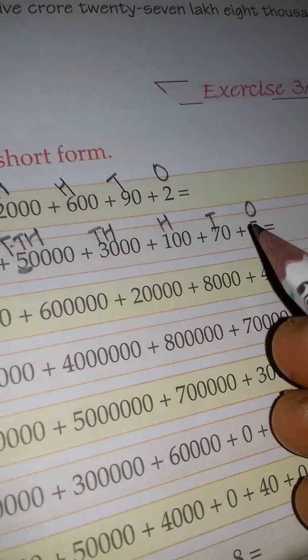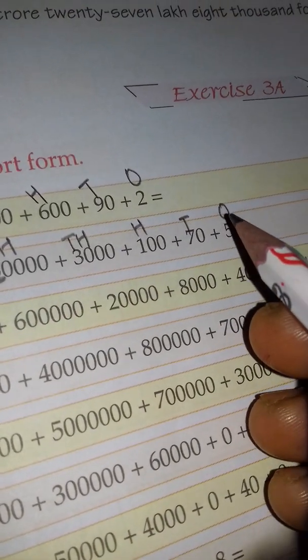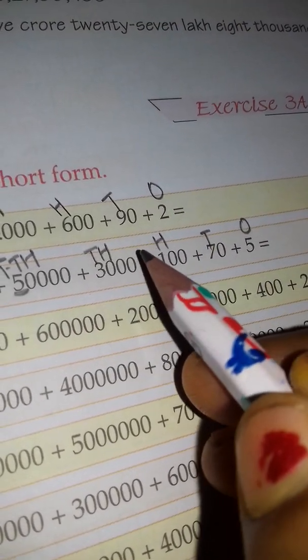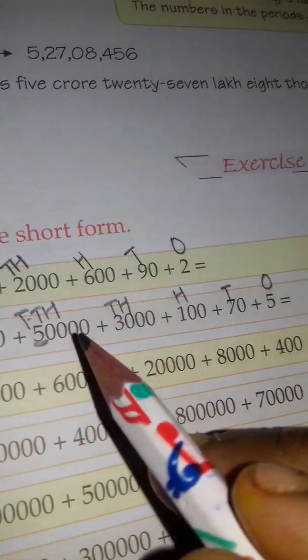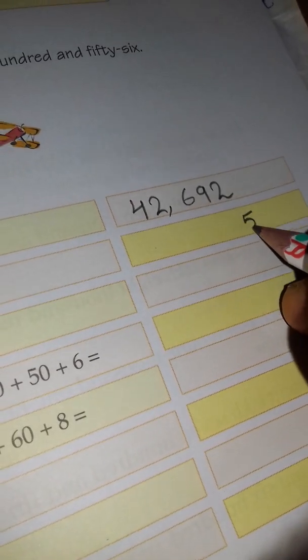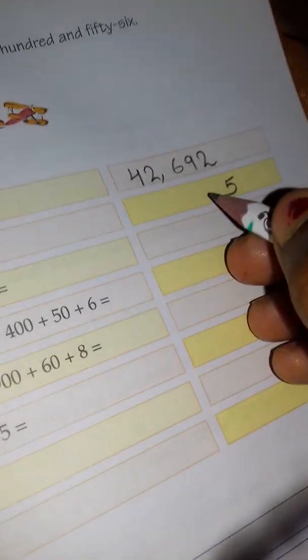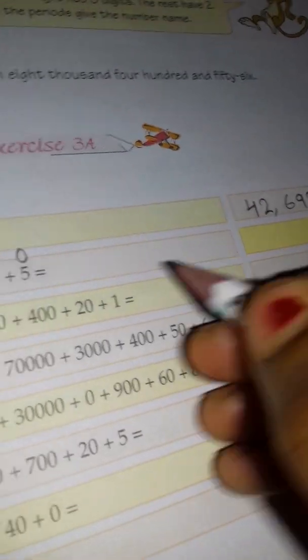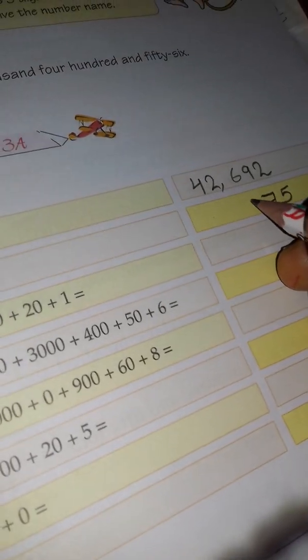So how does the place value chart move? It moves ones period, thousands period, lakhs period. So at ones period, ones, tens, 100. Then 1000, 10,000, lakh. So how we will write? At ones 5 is given, at tens 7 is given, then at 100, 1 is given.